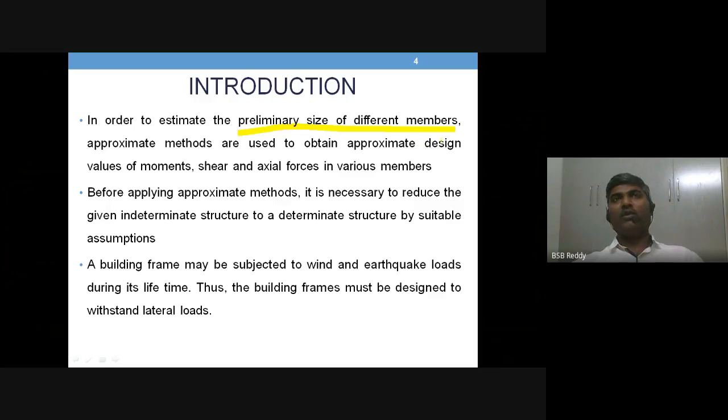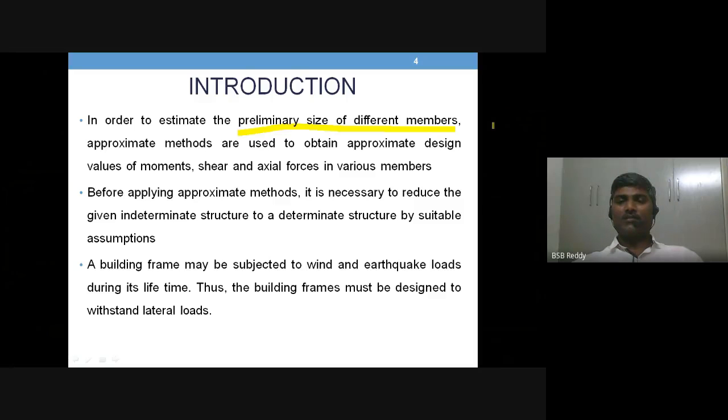You don't know whether the size given by you into that software is satisfactory or safe for design purposes. You just give a size and run the analysis. Then when it goes to the design process, it modifies the size to suit all the checks.